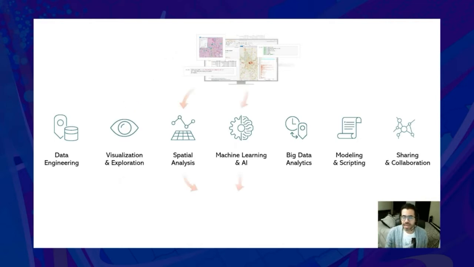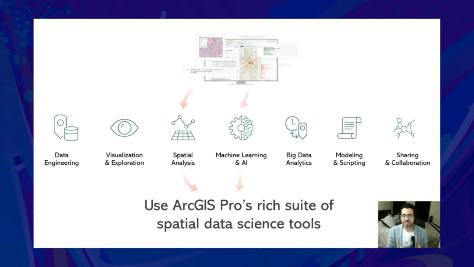Now, the bulk of this is really about spatial analysis, right? And ArcGIS Pro is just complete with a suite of spatial data science tools, from spatial statistics to network analyst to business analyst and so on. The tools that are meant to drive spatial analysis generally can be found within ArcGIS Pro. And once again, if you stick to a notebook, you're not really tapping into that entire ecosystem.